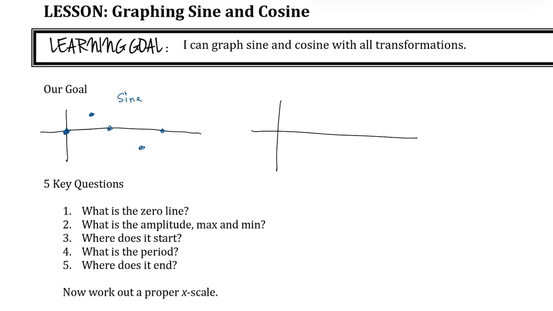Where does it start? Good. So at the top, and then the middle, and then the bottom, and then the middle again, and then back to the top. So these are the 5 critical points.